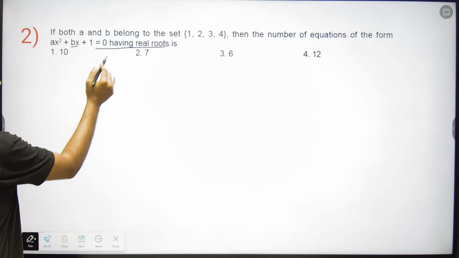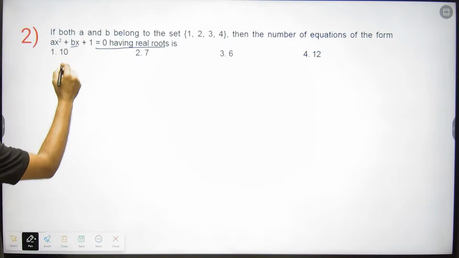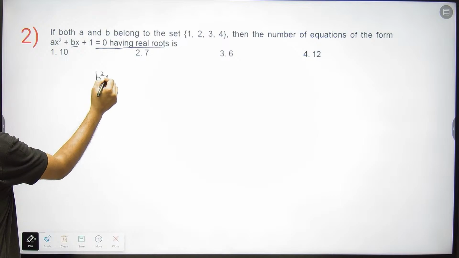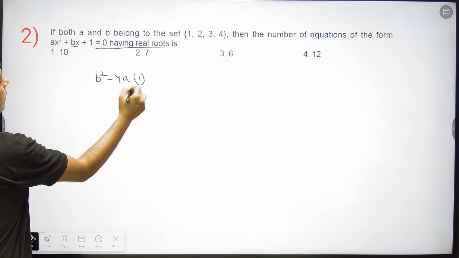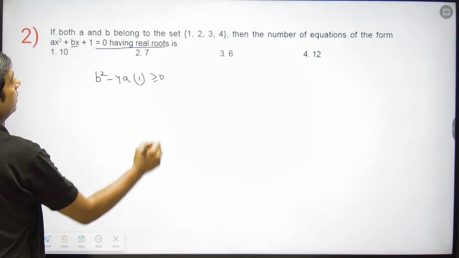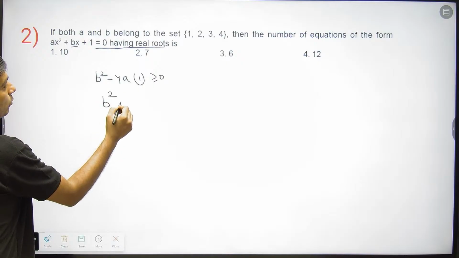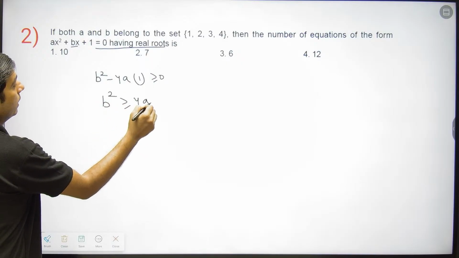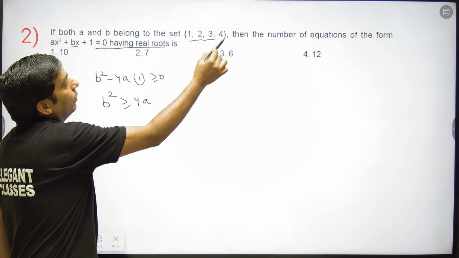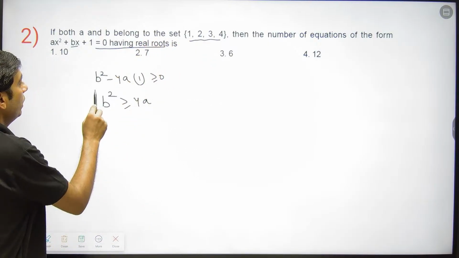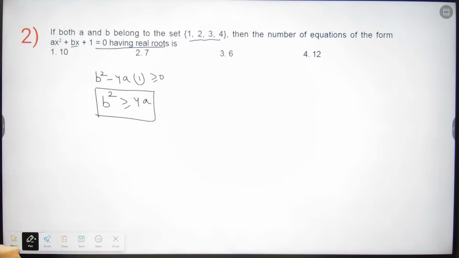Here c is 1, so b square must be greater than or equal to 4a, and a and b belong to this set only. So we have to find the number of pairs of a and b, right?